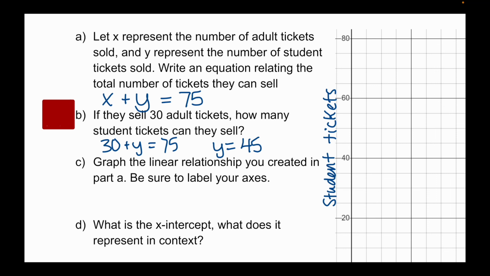So if we're using this box and we are blocking out one of our answers, we're just going to have that y is equal to 75 for our intercept. And if we blocked out y instead of x, we would have x is equal to 75 as our x-intercept.